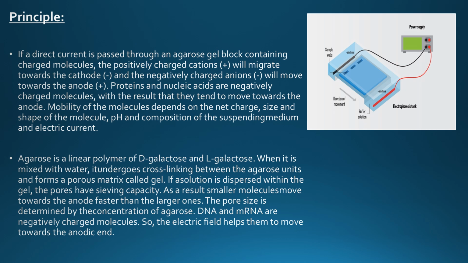As a result, smaller molecules move towards the anode faster than the larger ones. The pore size is determined by the concentration of the agarose. DNA and mRNA are negatively charged molecules, so the electric field helps them to move towards the anodic end.